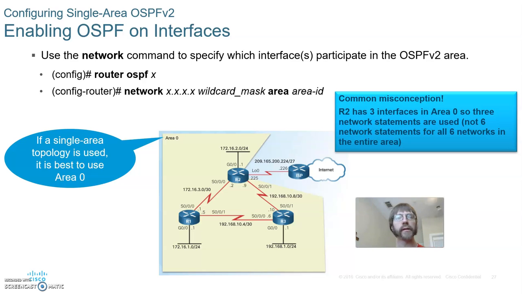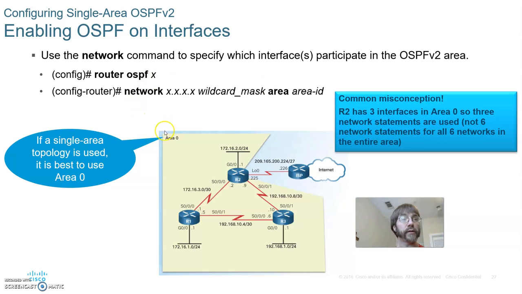And of course your wildcard mask and then your area. Now we specify the area with the network statement because we don't assume we're doing single area OSPF. We have the same command syntax whether it's single or multi-area OSPF.